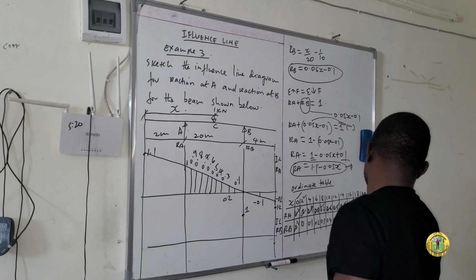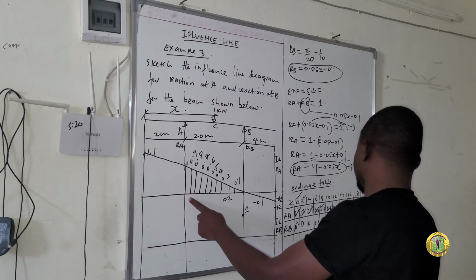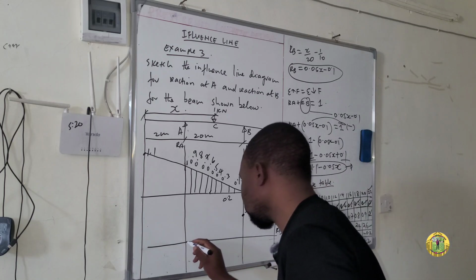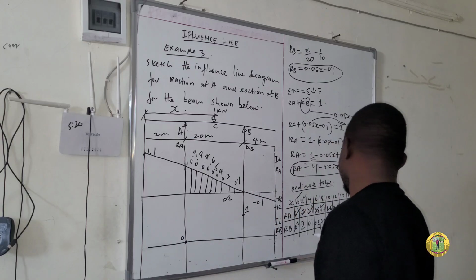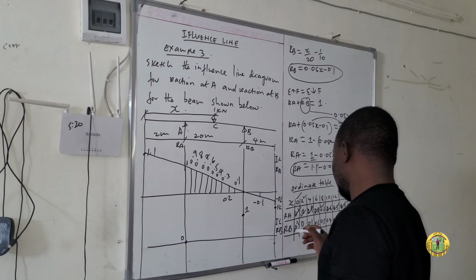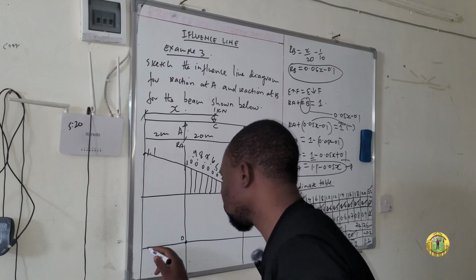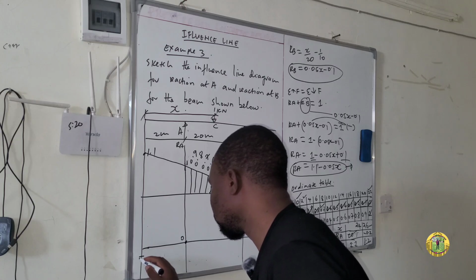So 22 done. And then we'll come to 2. 2 is 0 here. So 2 done. And then RB is negative 0.1. So here is negative, below the baseline.